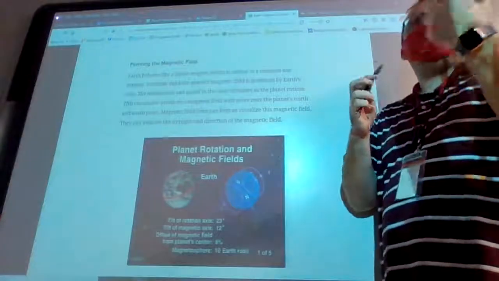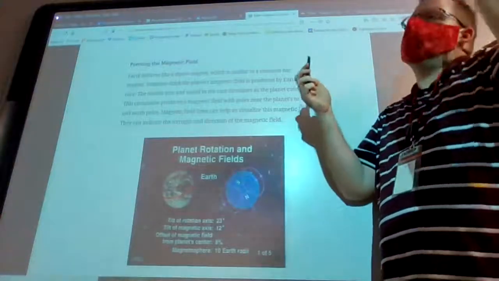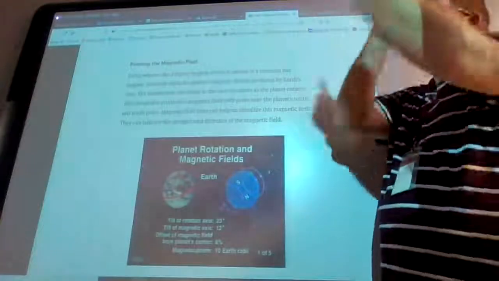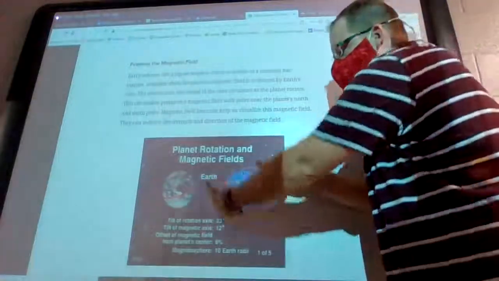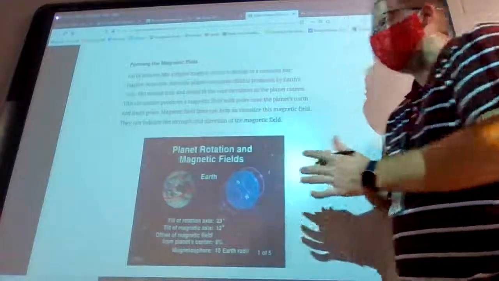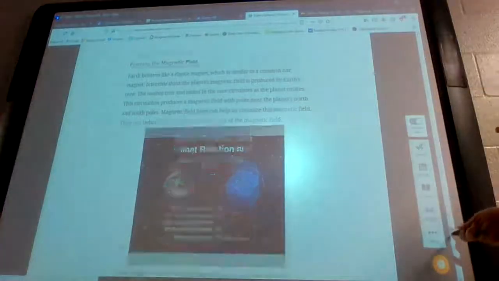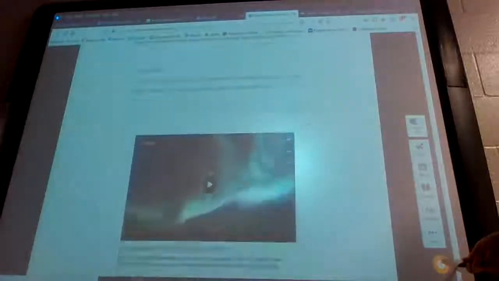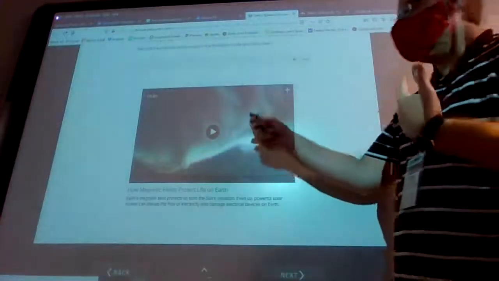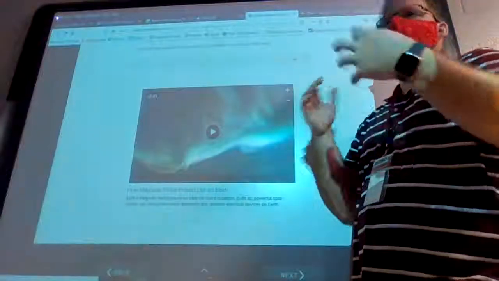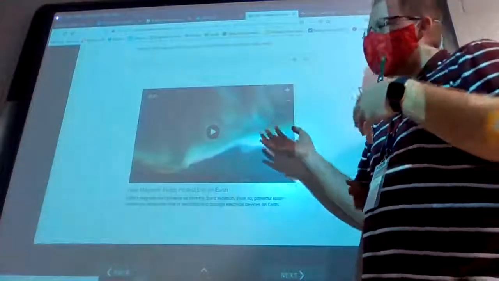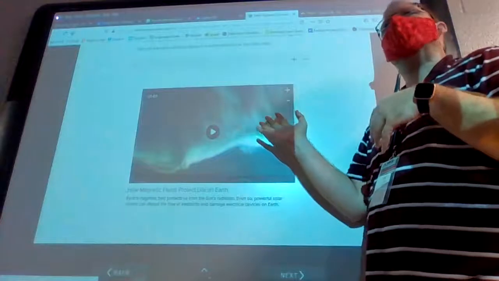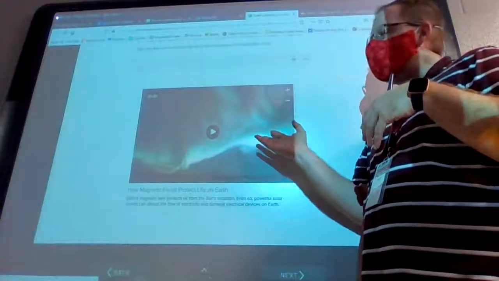And just like a fan that produces a magnetic field and pushes the blades around, it's producing that same magnetic field around Earth, and it has this circular pattern coming in and out, which is what leads to the northern lights if you get radiation happening just in the right way. So you can see the magnetic field interacting with the sun's radiation and creating a nice visual effect.